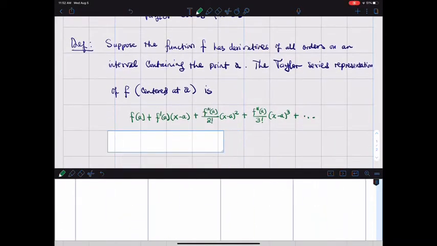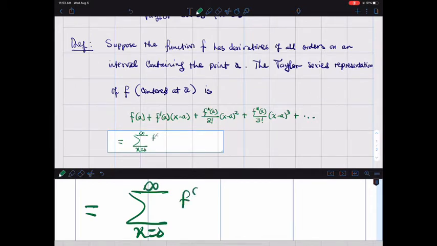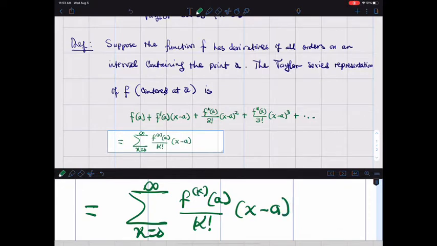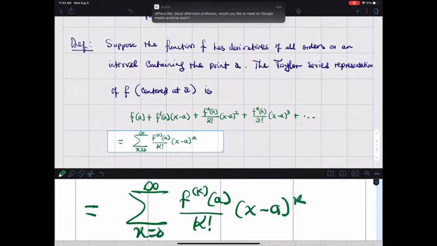So this is equivalent to the series k from 0 to infinity of the kth derivative of f evaluated at a over k factorial times x minus a to the power of k.